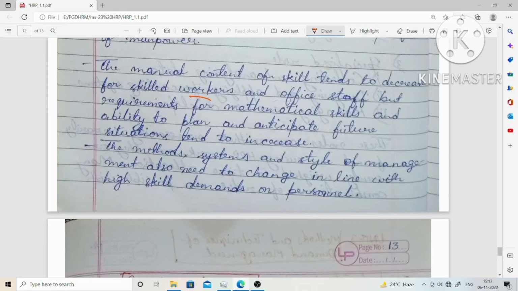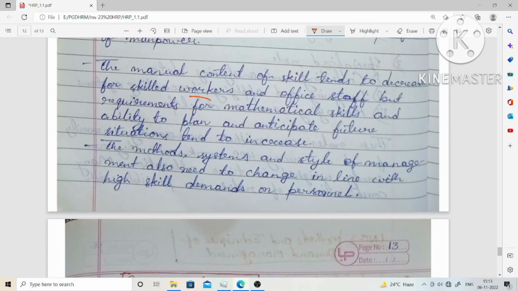The number of office staff required has also decreased, but requirements for mathematical skills and the ability to plan and anticipate future situations tend to increase. So manual skills need decreased, and mathematical and anticipation skills requirement increased.